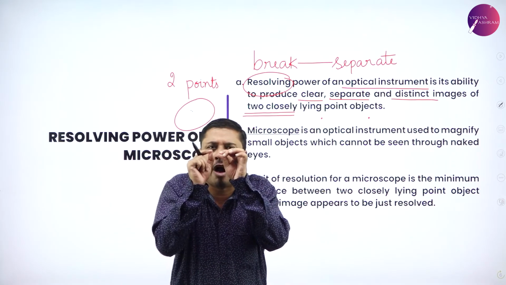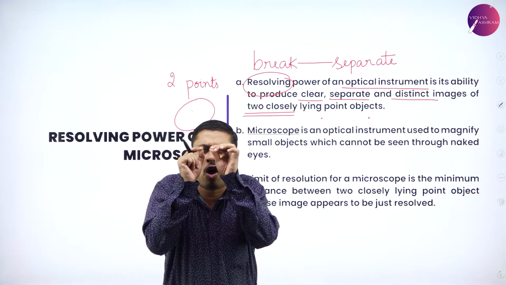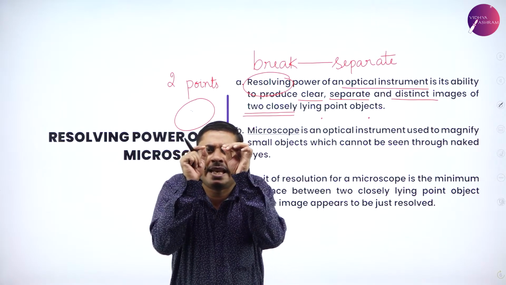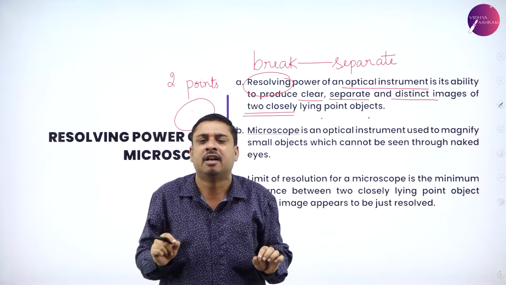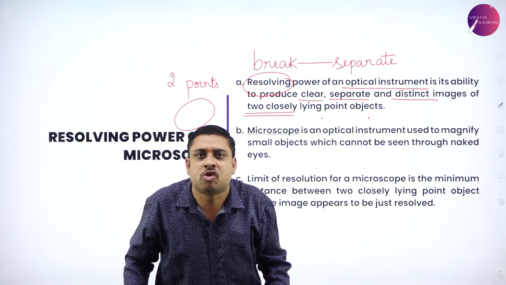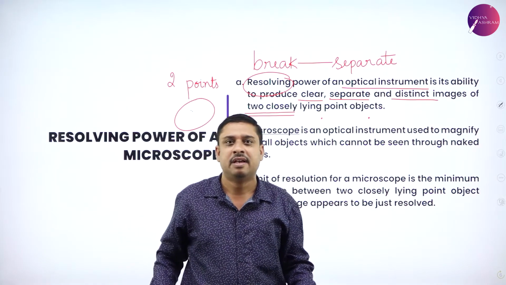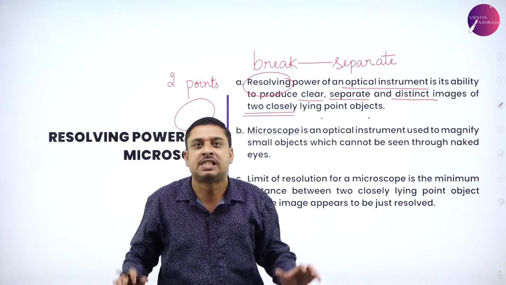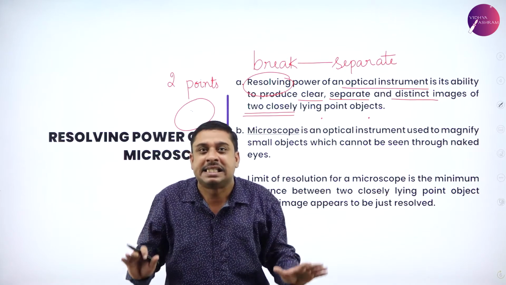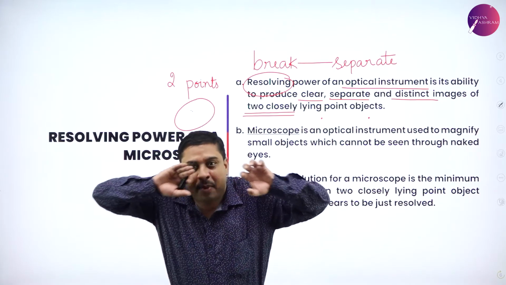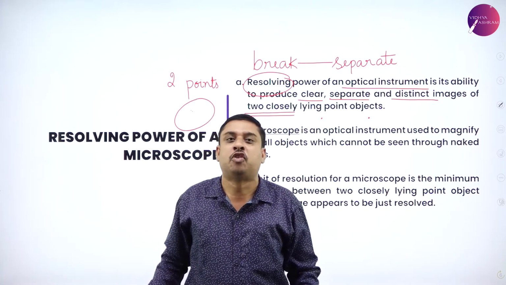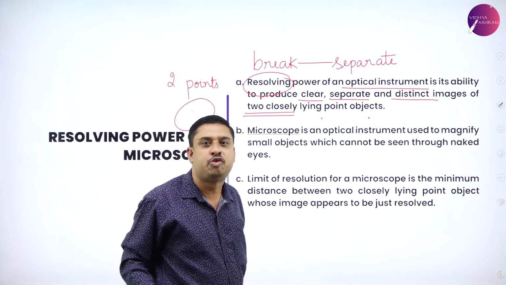If the 2 point objects are very close to each other, the optical instrument has to resolve them properly.